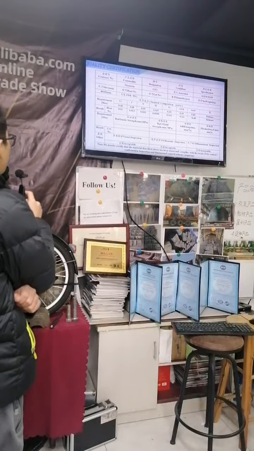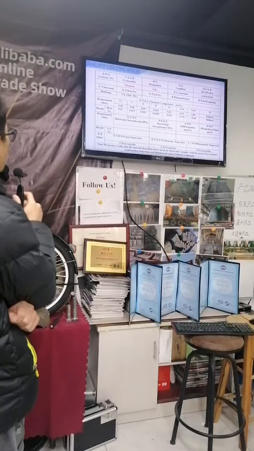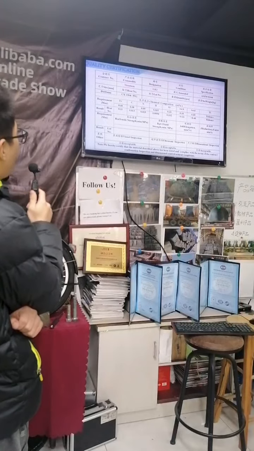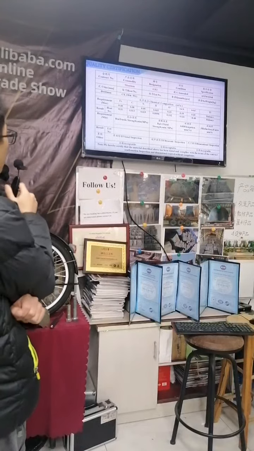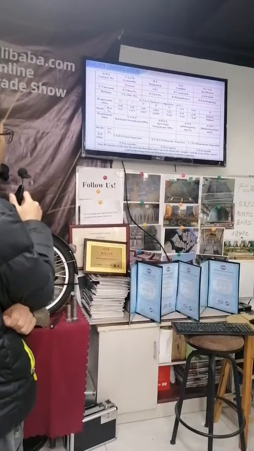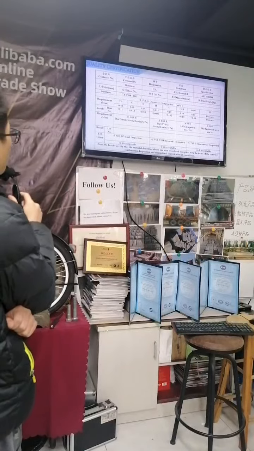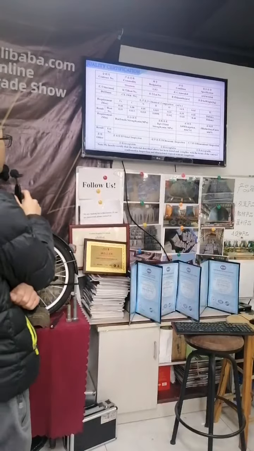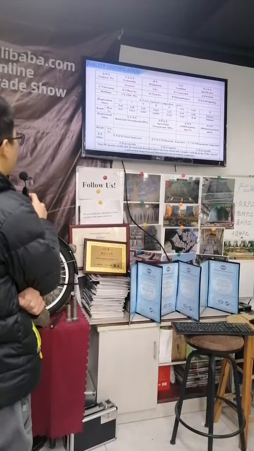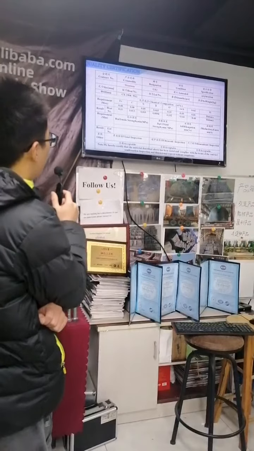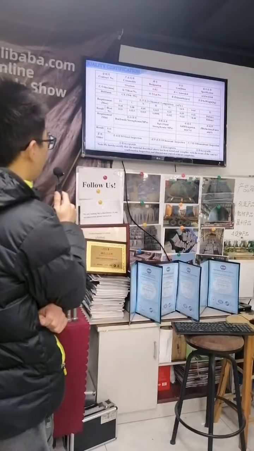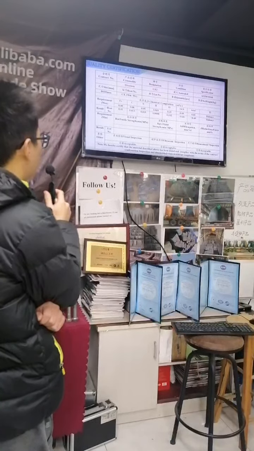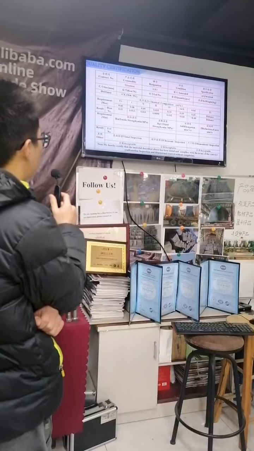The size is about 600 millimeters. And the chemical composition. There are elements such as Fe, C, H, O, and another chemical composition is Ti.